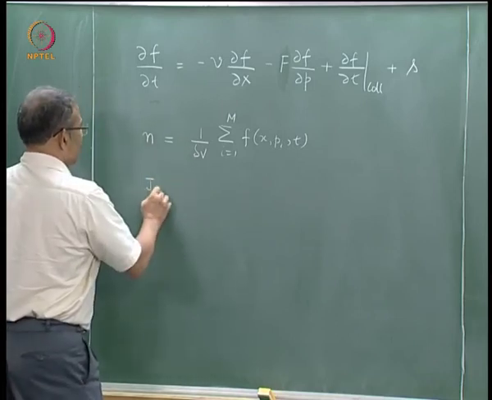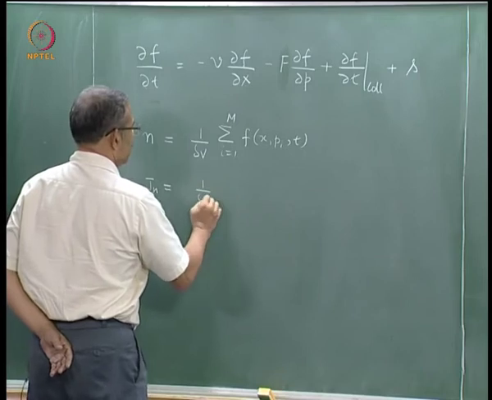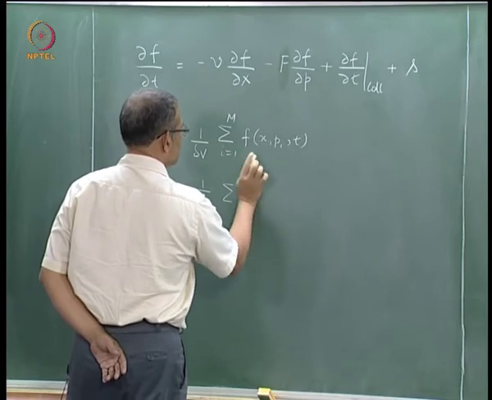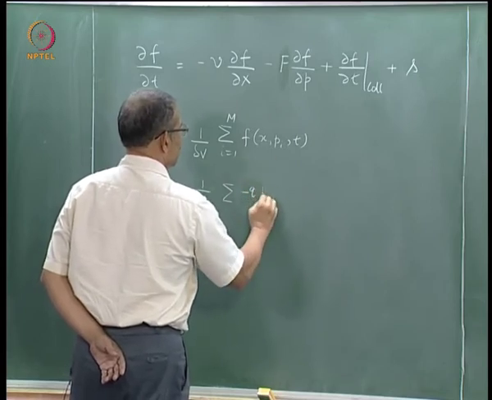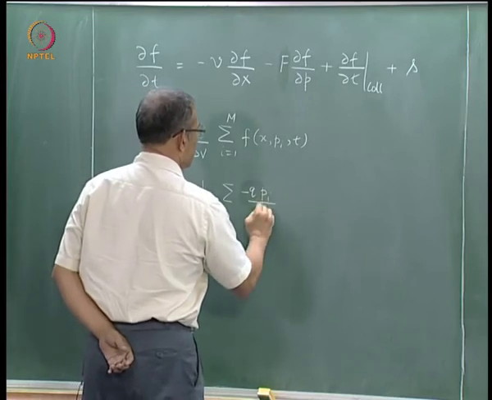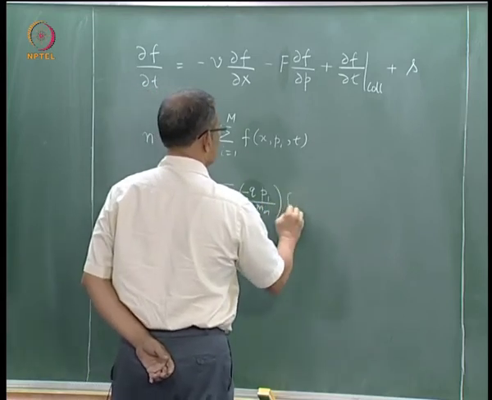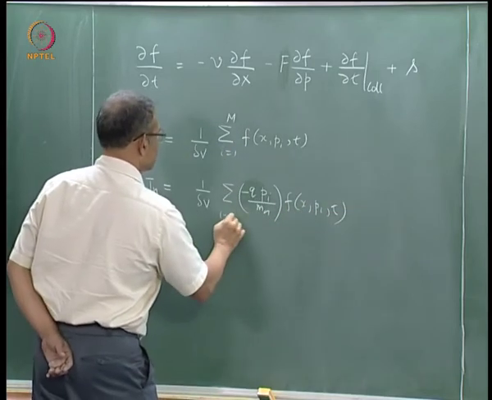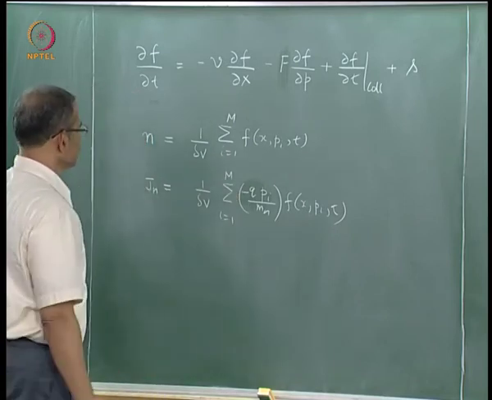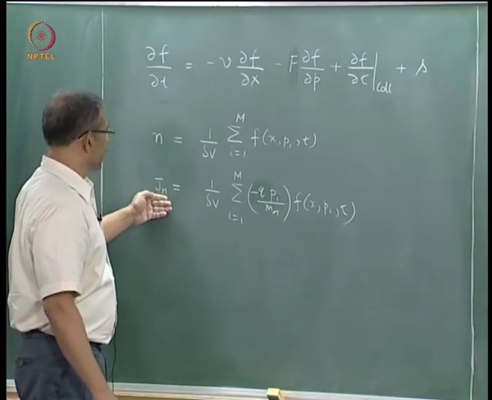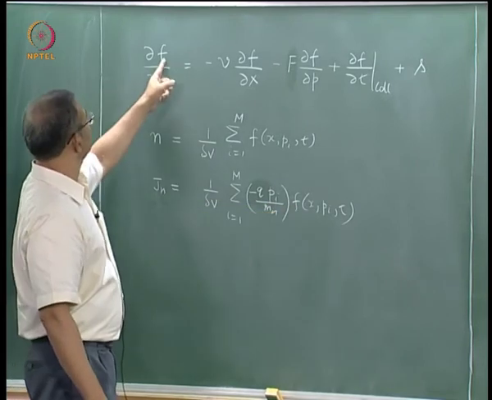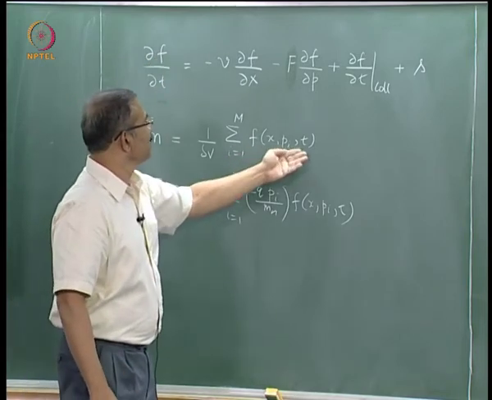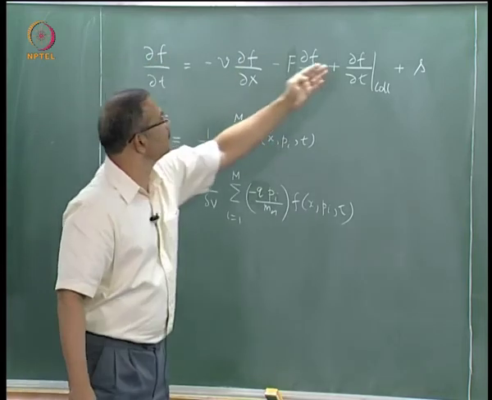Jn on the other hand is 1 by delta V into, now here you multiply by minus q pi by mn, multiply the distribution function, again you sum it up over. So this is your expression for Jn. Now this f here is the f here in this equation. To avoid cluttering, we have not put all the variables x, pi and t for each of the terms here.